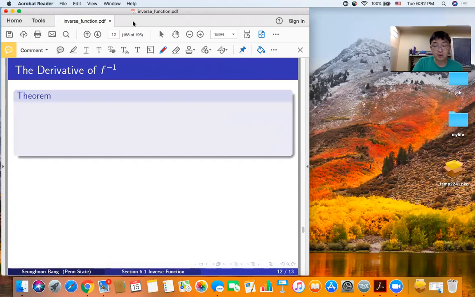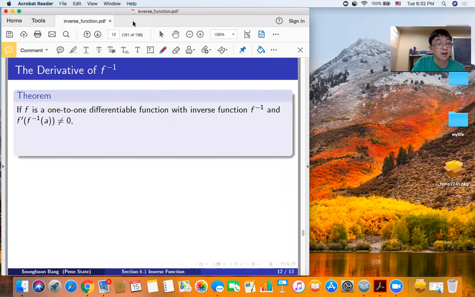We have one good theorem. If function f is one-to-one and differentiable with the inverse function f inverse, and f prime of f inverse at a is not equal to 0, then the inverse function is differentiable at the same point a.